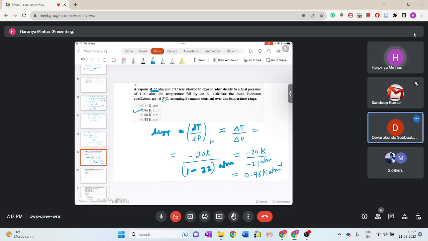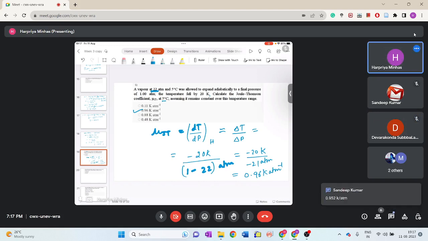Yeah, 0.96, option B. So okay, everyone getting the same? Yeah, it's almost the same. We can round off to 0.96. Okay, moving to the next question.